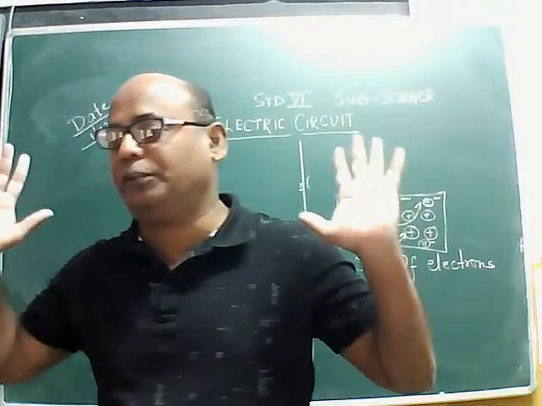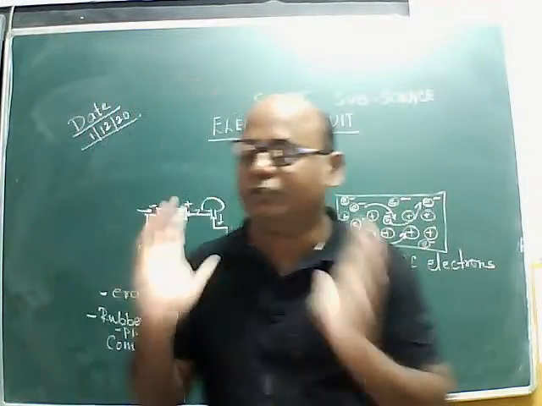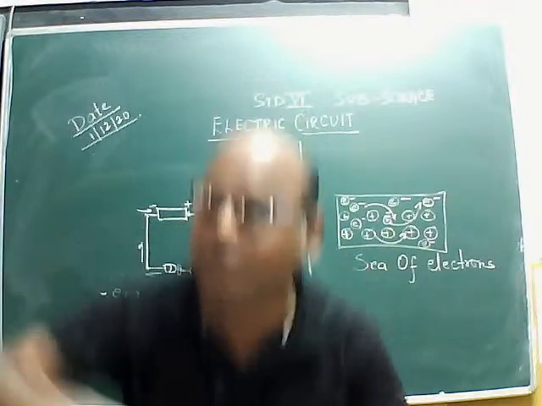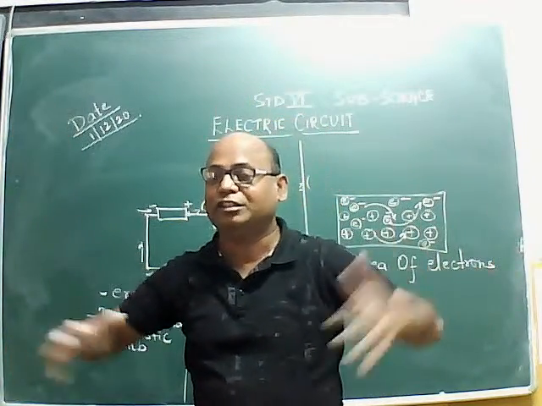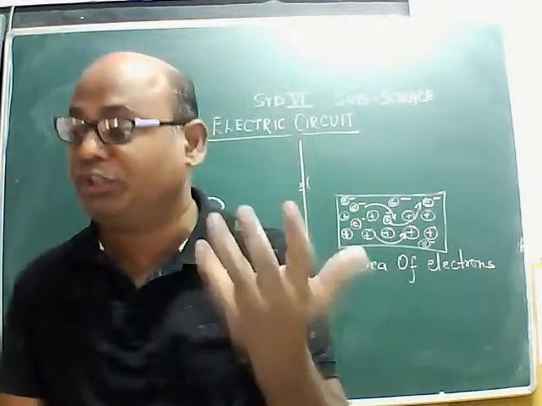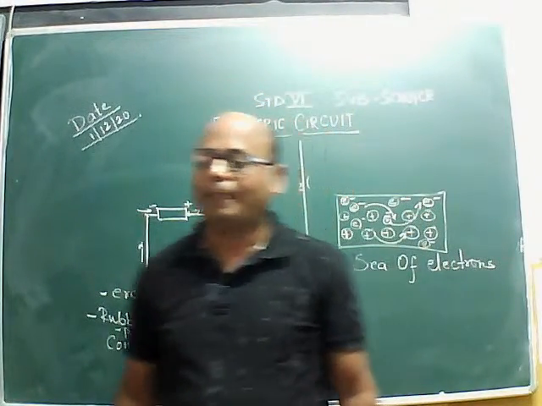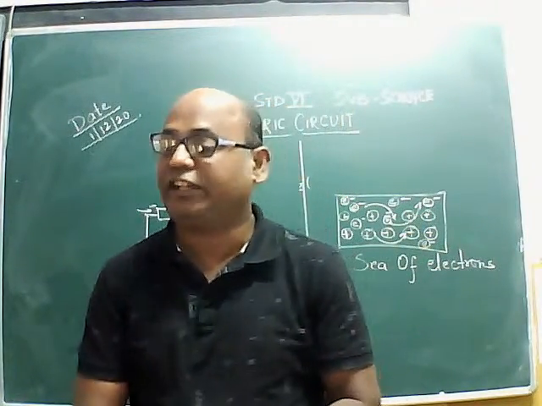If it is not made up of plastic or rubber, and you insert it for testing whether the current is there or not, what will happen? You will get a shock, isn't it? So insulators are very much useful. They prevent electric shock.